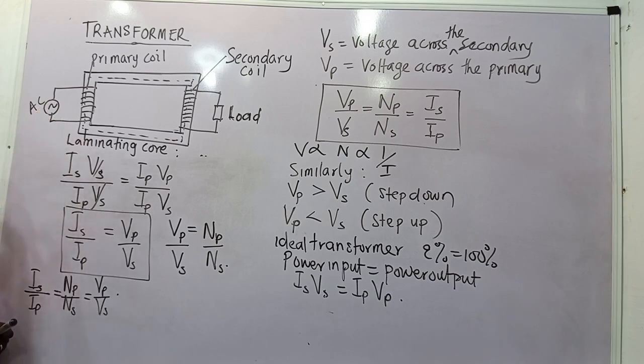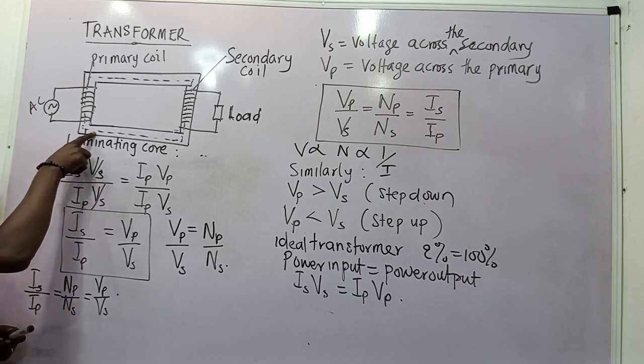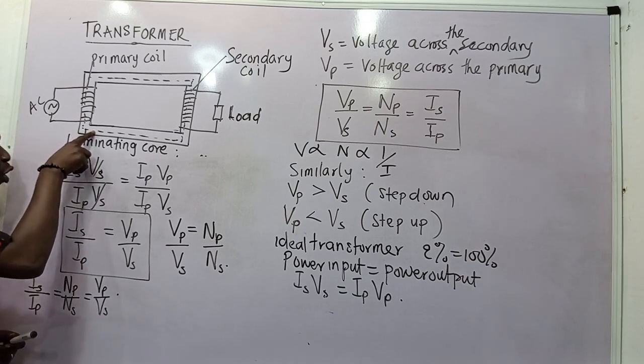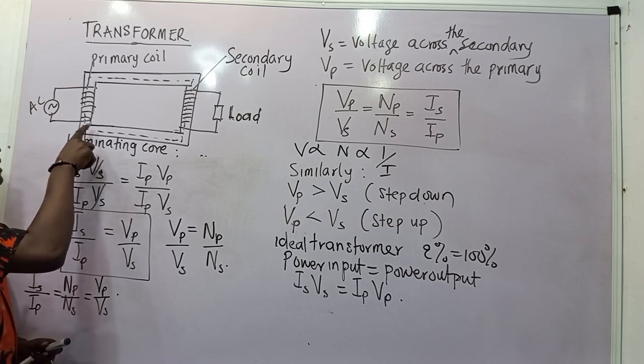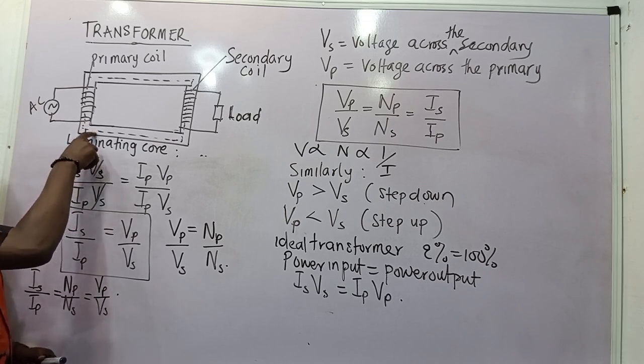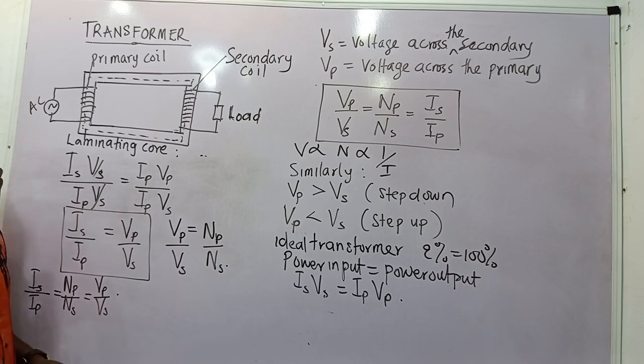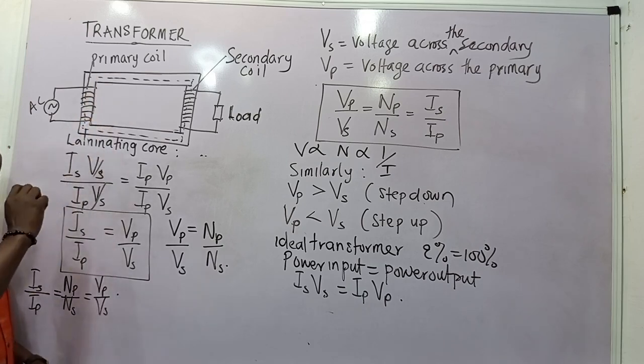Now don't forget why we use a laminated core: it is so that eddy current losses can be minimized. Eddy current is the current that is induced as a result of the magnetic flux created in the core.